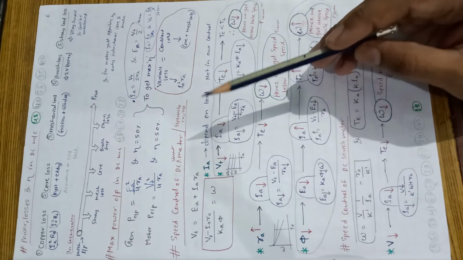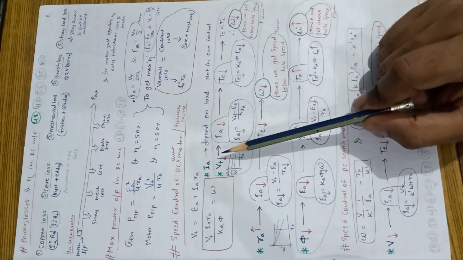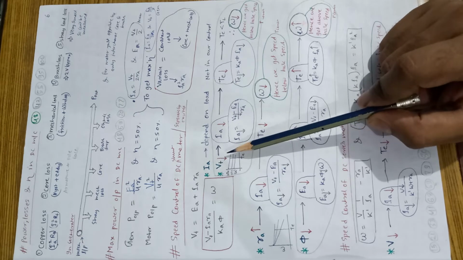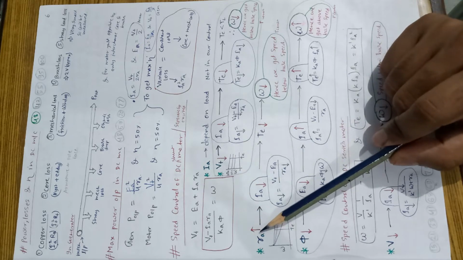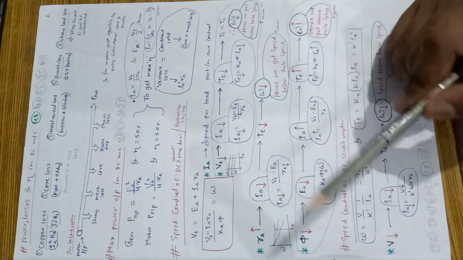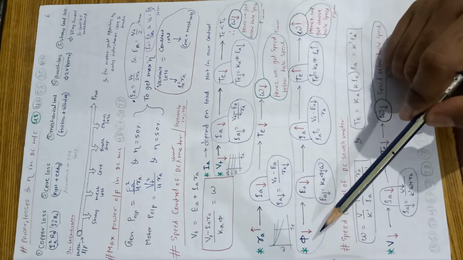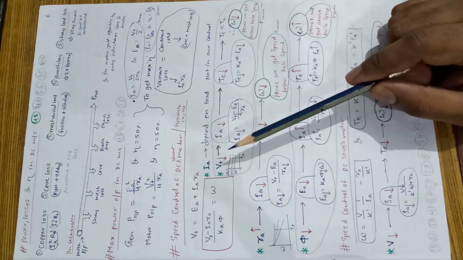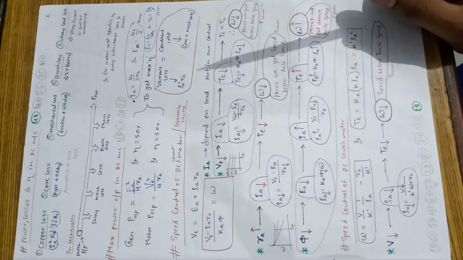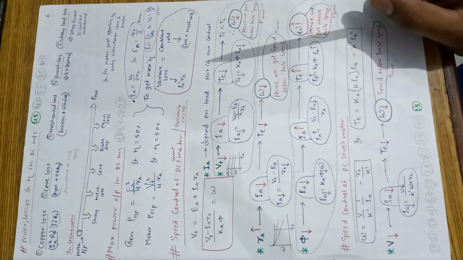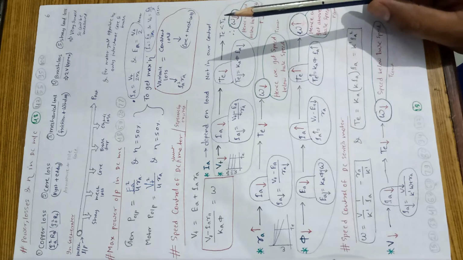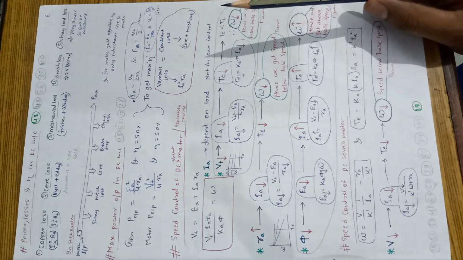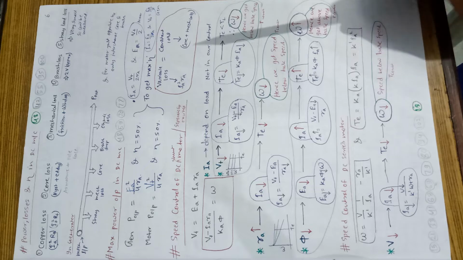Basically, variable voltage means we decrease the voltage, for variable resistance we increase the resistance, and variable flux means we decrease the flux. Remember one thing, variable voltage means decreasing the voltage, and variable resistance means increasing the resistance.